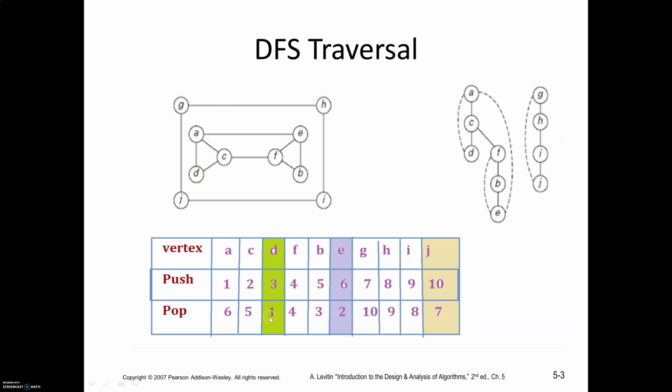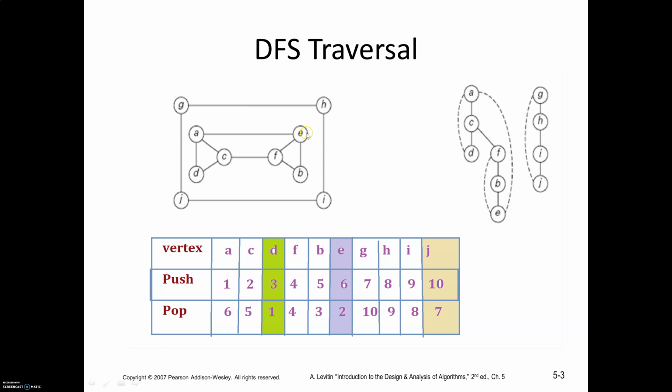With that you have reached the dead end. When you reach the dead end, pop out the top element from the stack. Now the top element in the stack is D, so this is removed. Now on the top of the stack C is there. For C the adjacent is F. Then for F both E and B are adjacent, but since we are following dictionary order, I'll push B first into the stack and then E. With that again you have reached a dead end.